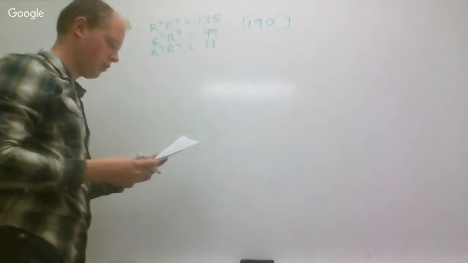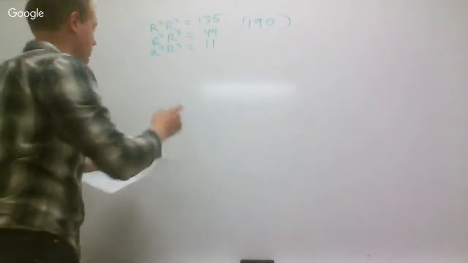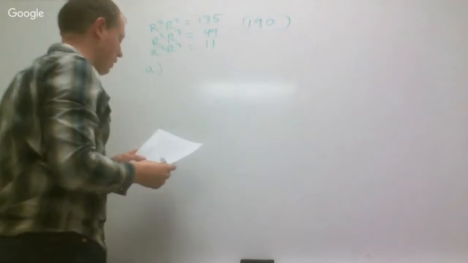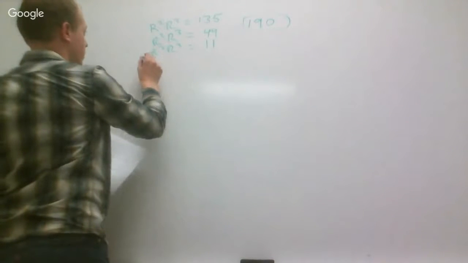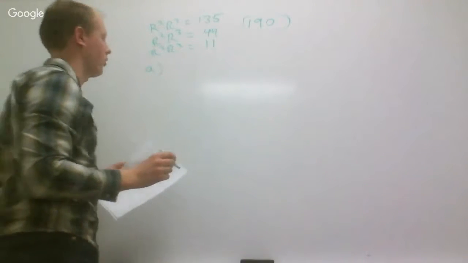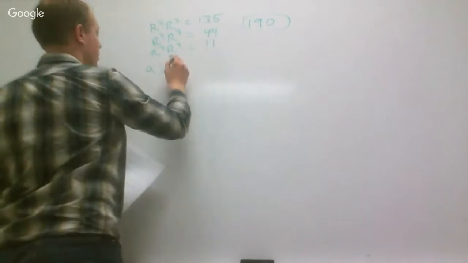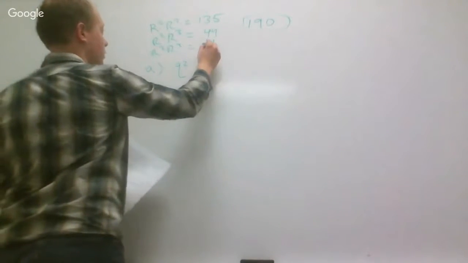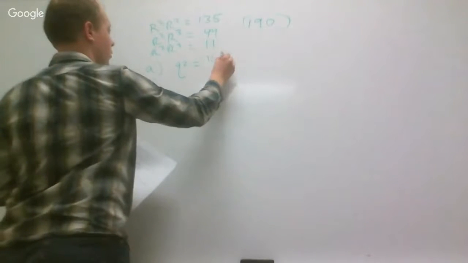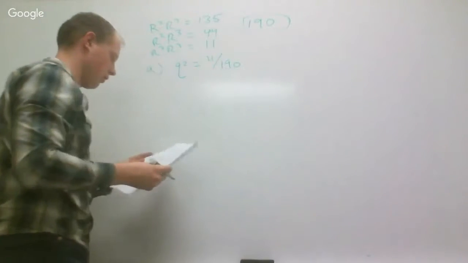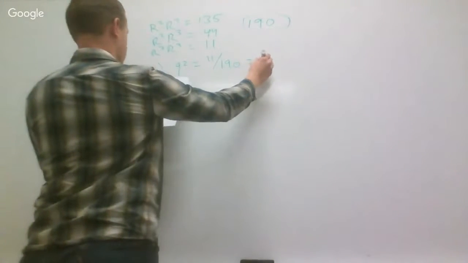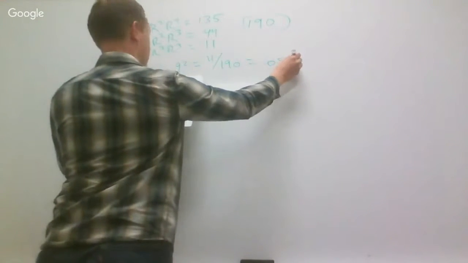First thing we need to do is determine the allele frequencies for each allele, for the R2 and the R3 allele. In order to do that, let's take a look at the homozygous R3. So homozygous R3, that's our q squared, and that equals 11 out of 190 total individuals, which is 0.0579.